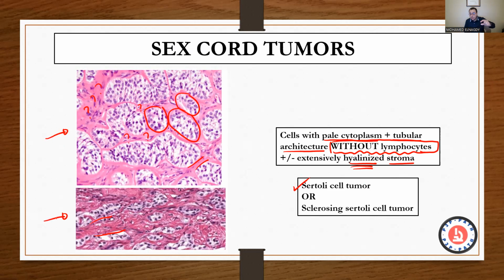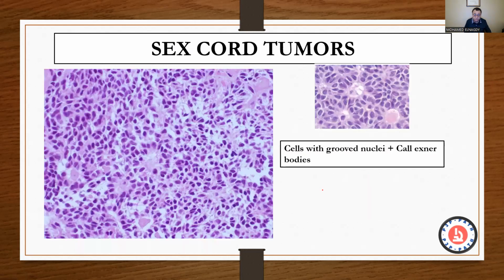And the one on the bottom, if you see a lot of sclerosis and fibrosis beside the hyalinosis in the stroma, you sometimes call it sclerosing Sertoli cell tumor, because there is extensive sclerosis and hyalinosis in the stroma in between the cells. So I have Sertoli cell tumor on the top, sclerosing Sertoli cell tumor on the bottom. Clear cells, tubular architecture, hyalinizing stroma, no lymphocytes, please remember.